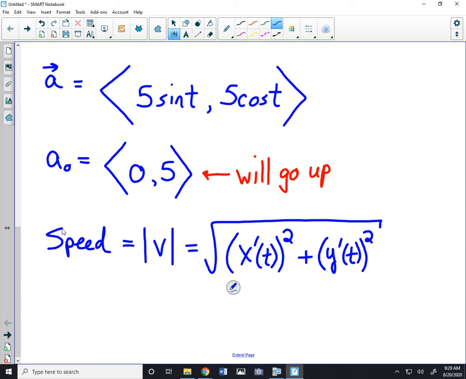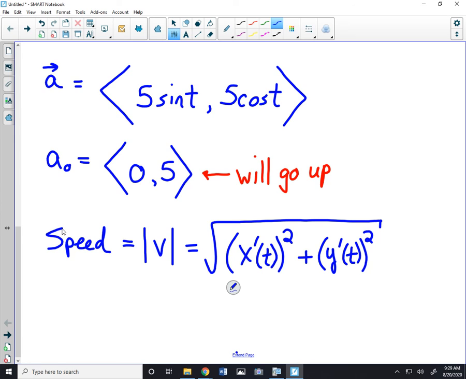So that is my speed. So x prime squared, the velocity squared for x, y prime squared is the velocity for y. You add them up, square root it, that is now your speed. This calculation will usually be something you want to do on the calculator. It is pretty easy, but a little bit messy.